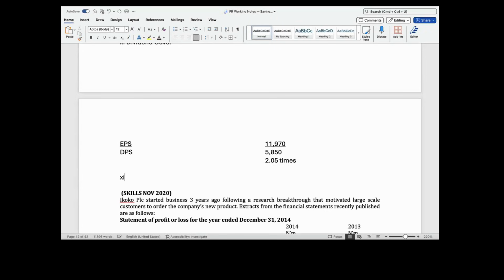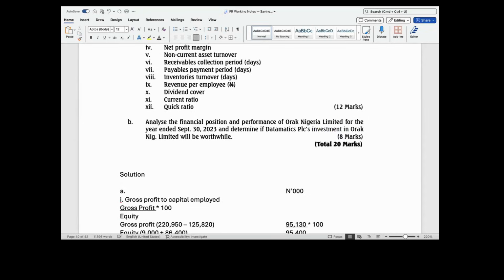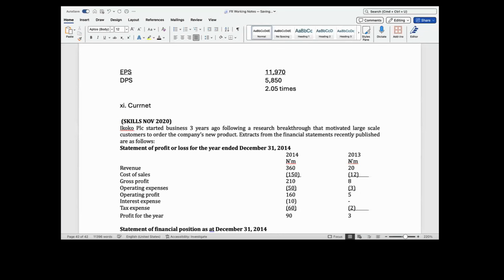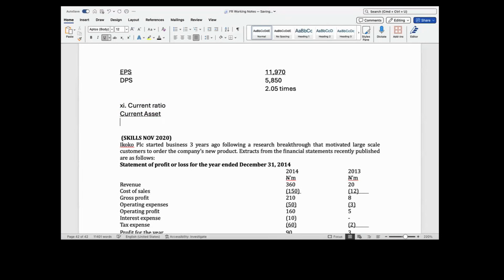So 11, current ratio, which is current assets all over current liabilities.